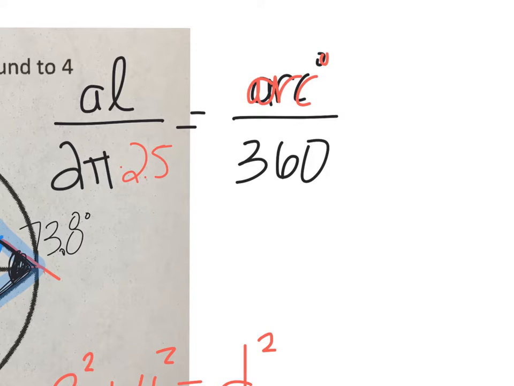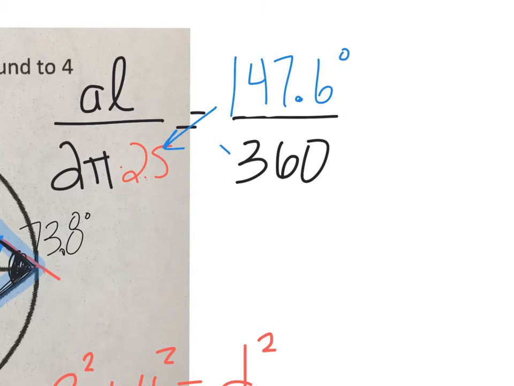Good, that comes over here now. After I erase this, I put in 147.6, the measure of my arc, in degrees. Now I cross multiply, and I can finally solve for the arc length from F to G, now that I know all of my information.